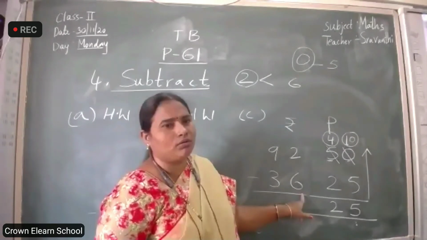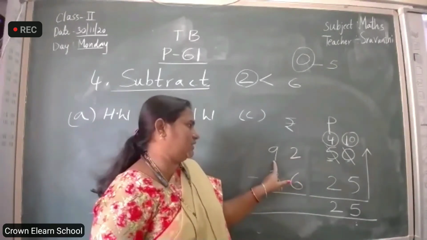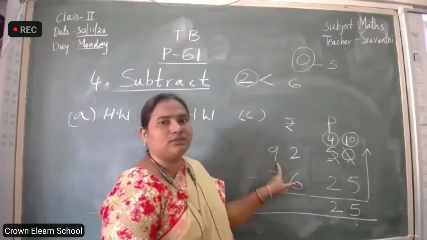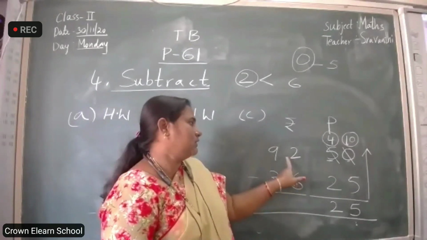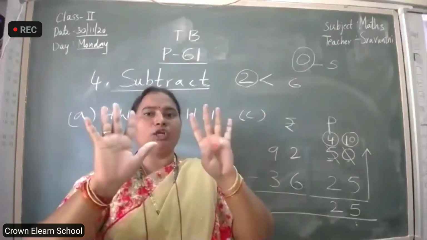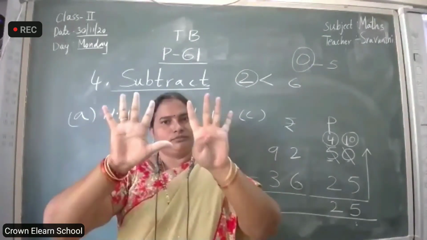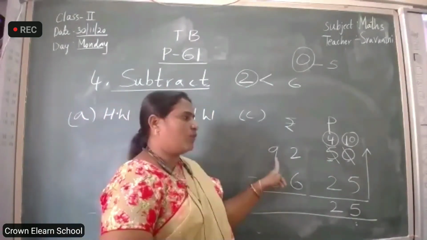You have 2. You cannot give 6. So let us borrow. 2 is asking the next place. 9 is there. 2 is asking 9, I cannot subtract 6 from me, I need your help. Then this 9 says, I have 9, I will give you 1. It wants to give 1 here.